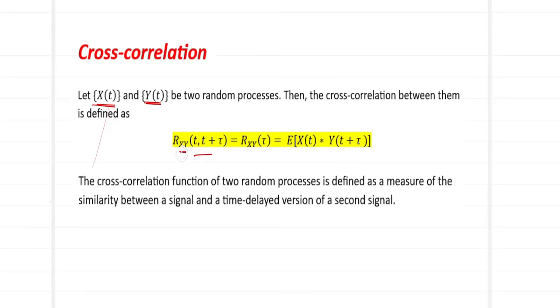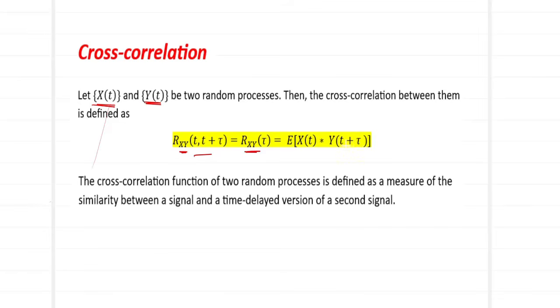Notice, the first variable is x, the second variable is y, t comma t plus tau. So when we take the time difference or the delay in time, then it is nothing but t plus tau minus t. So this can be represented as Rxy of tau. And the definition is the expected value of the product of x of t with y of t plus tau.